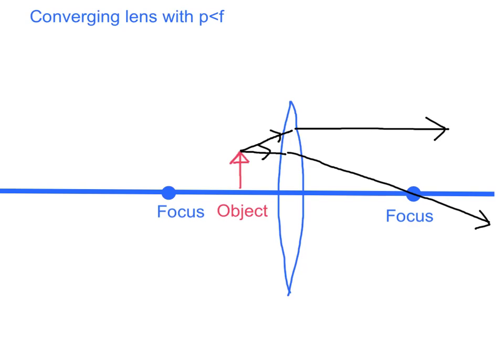Since those two light rays, after they pass through the lens, are spreading out, we need to draw extensions of those rays backwards to find where the image will be located. Where those extensions meet is where the tip of the virtual image is located.